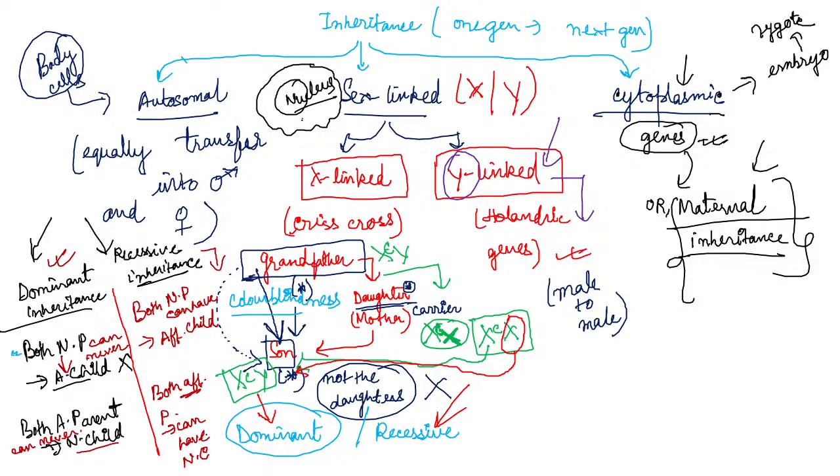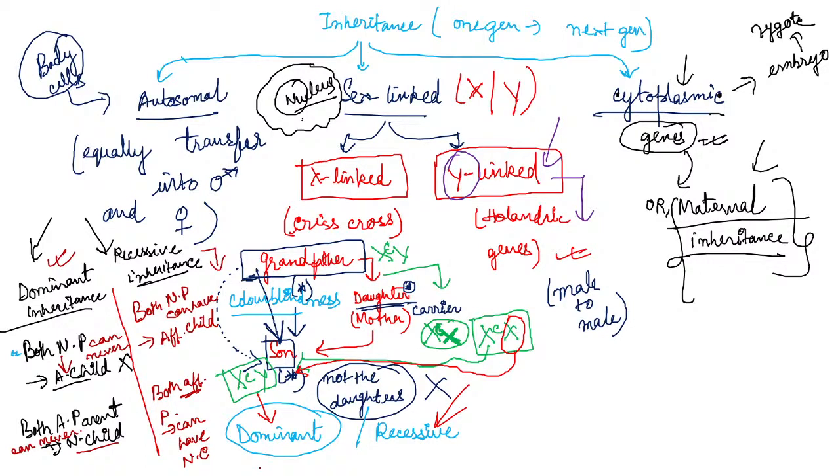Clear? Okay, now we'll move to the next topic, that is how we get autosomal pedigrees. As we are reading about pedigree, we will learn how we get autosomal dominant pedigree and how we get autosomal recessive pedigree, which is very very important, because in your NCERT it is written that these are your autosomal recessive genes, these are your autosomal dominant genes, but students fail to understand what actually is autosomal recessive and what actually is autosomal dominant, right?